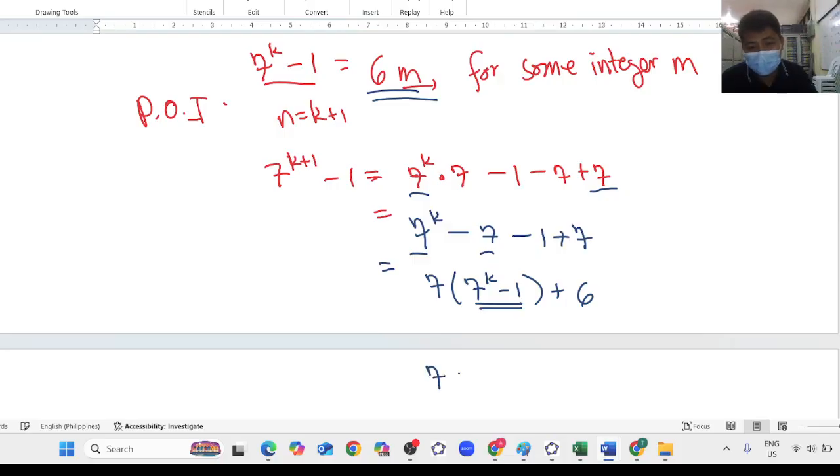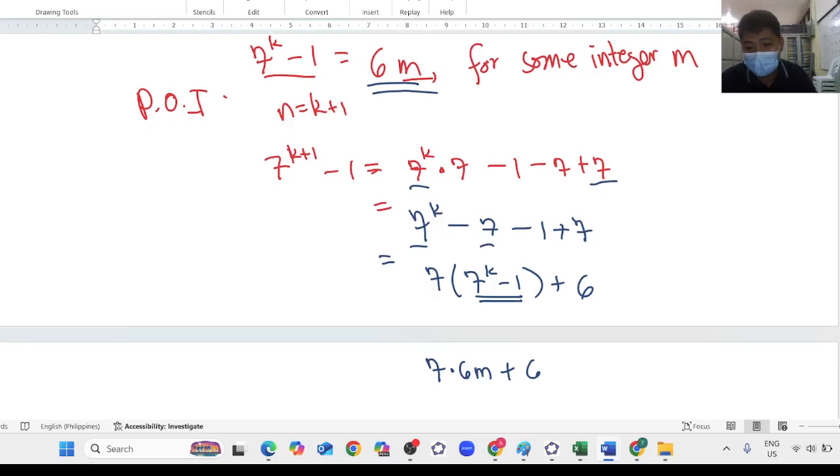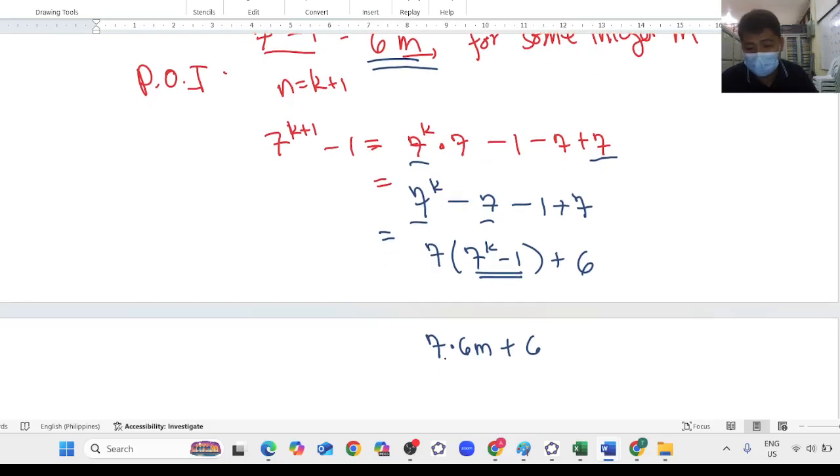So we have 7 times 6m plus 6. And that is equivalent to, take note, kasi hinahanap natin is yung 6, which is divisible by 6 yan. So that is 6 times, tapos natira is 7m plus 1.